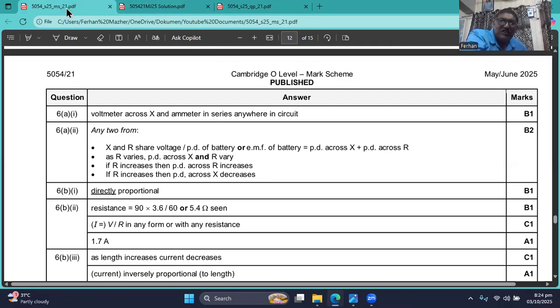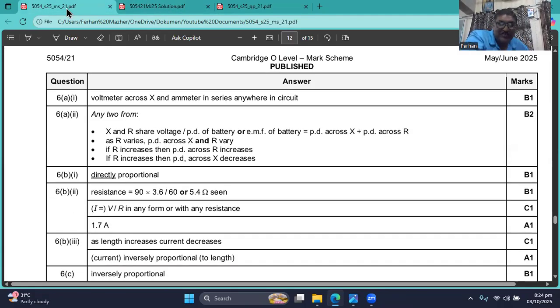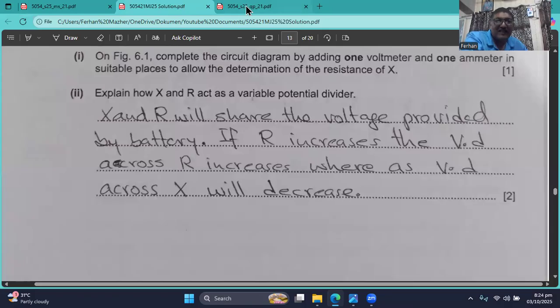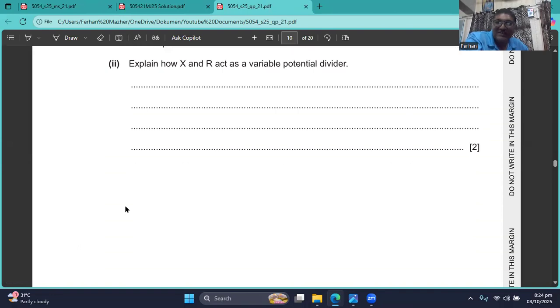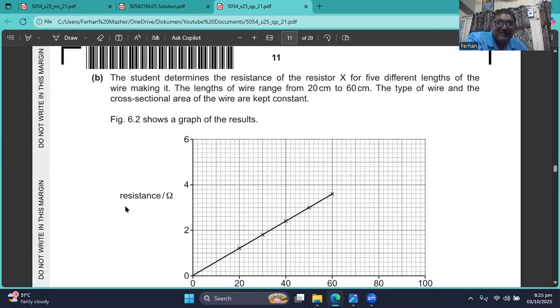As R varies, the potential difference across X and R vary. If you change the resistance of this variable resistor, the voltage drop across R and across X will change. So it's a potential divider, basically.